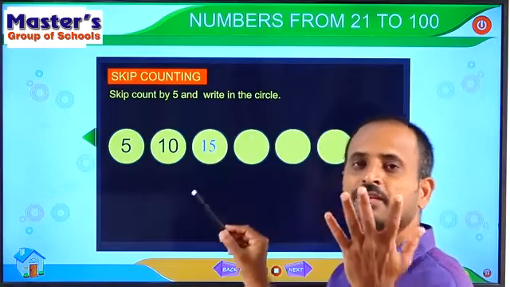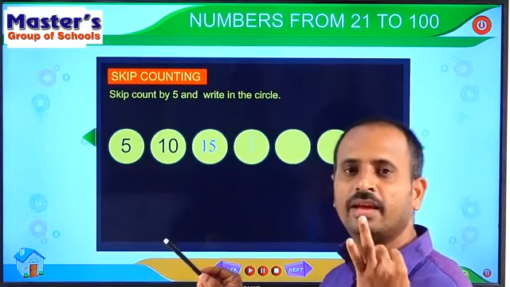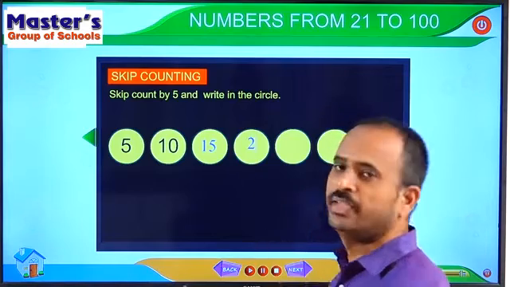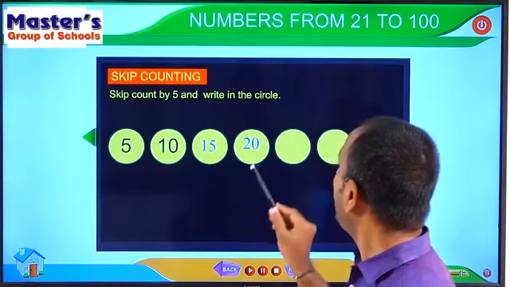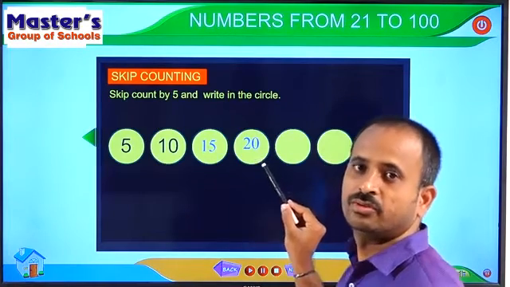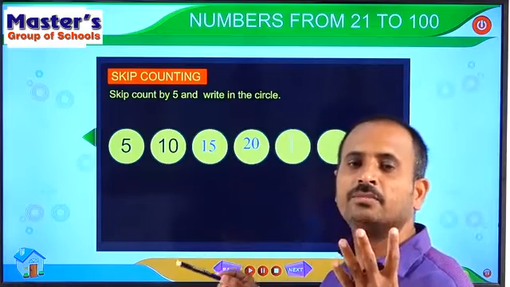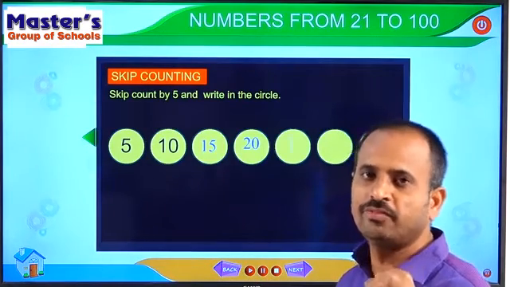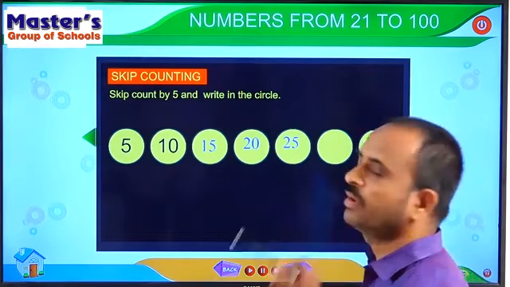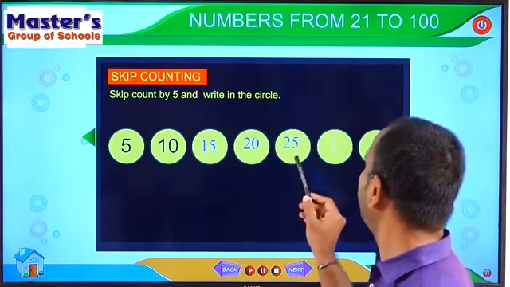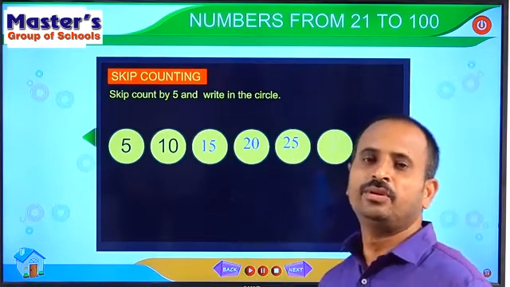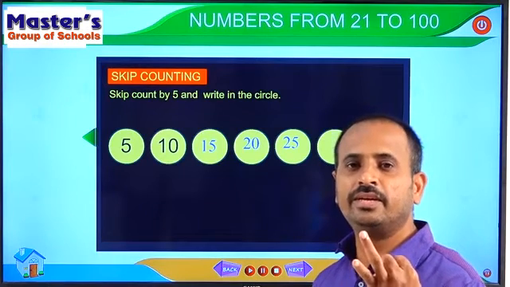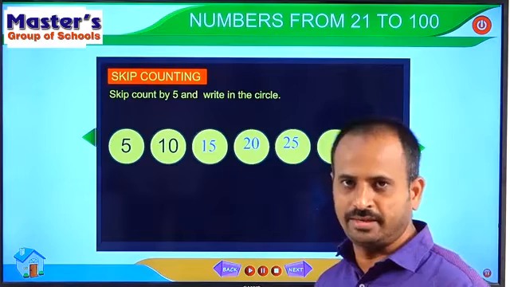After 15, 16, 17, 18, 19, 20. So write 20 here. And again add 5 to the 20. 20, after it 21, 22, 23, 24, 25. So 25. And again add 5 to the 25. After 25, 26, 27, 28, 29, 30.